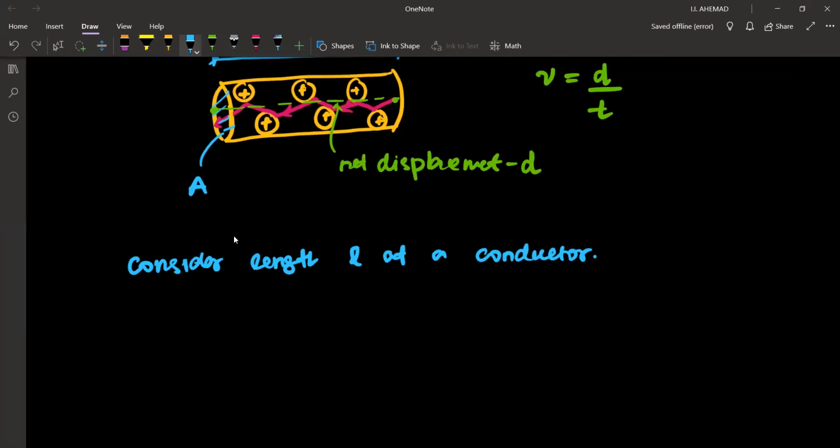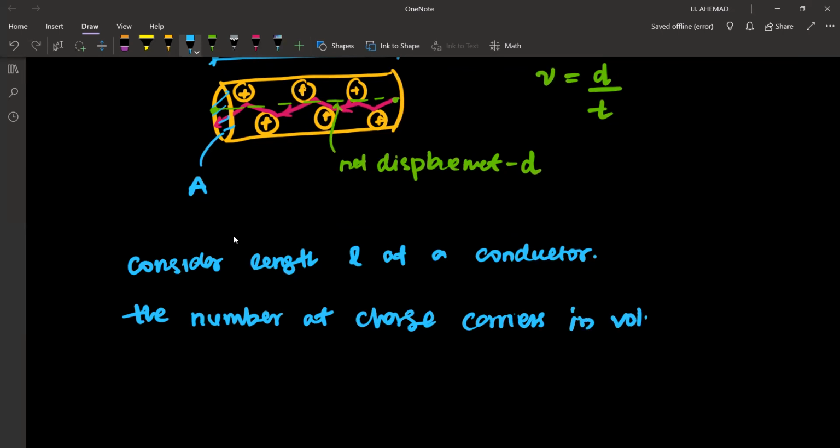The number of charge carriers in volume AL is equal to NAL.